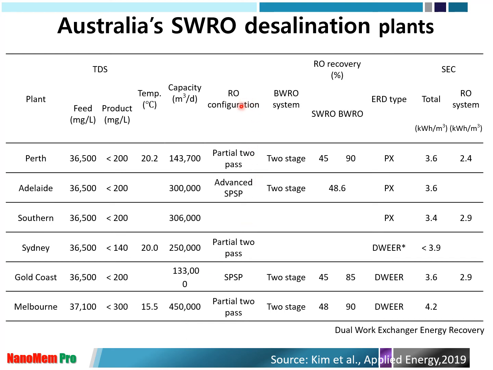Then the RO configurations are partial two pass, advanced split pass, split pass, single pass, and partial two pass. This specific terminology is very relevant to first pass, second pass.